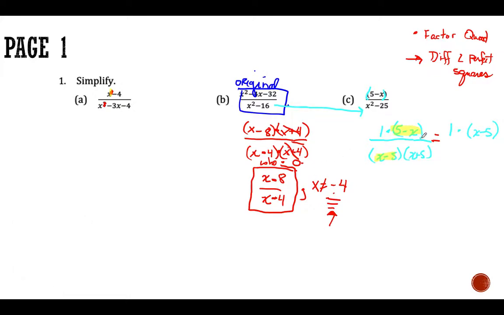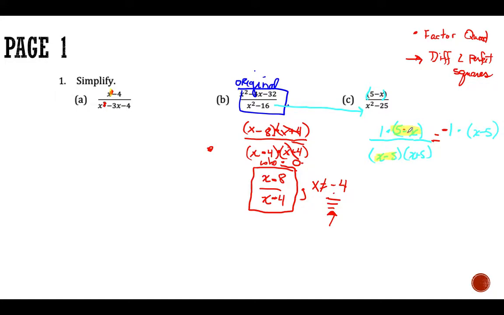What if I suck a negative out? What if I take a negative out of here, right? If you factor a negative 1 out of this room, take a negative out of a positive, well, you're going to be left with a negative.